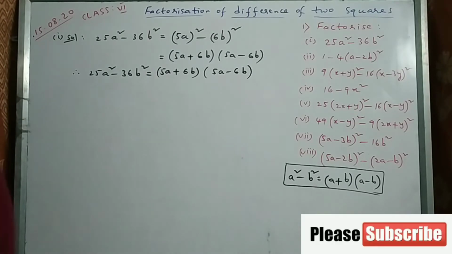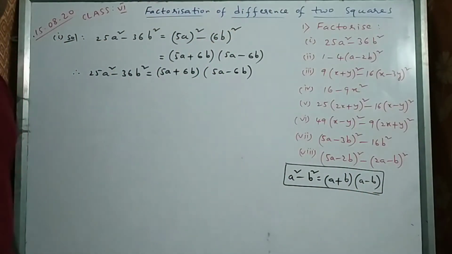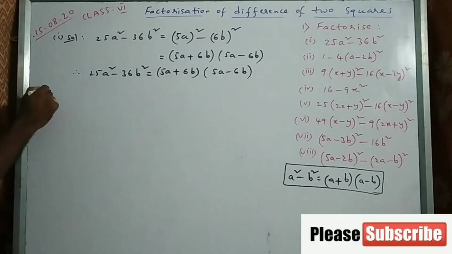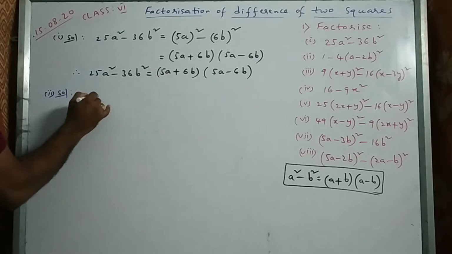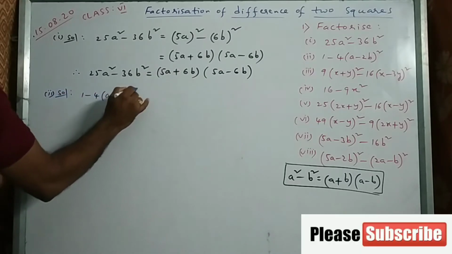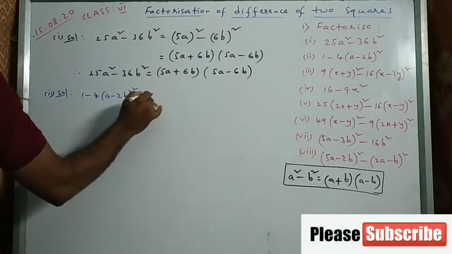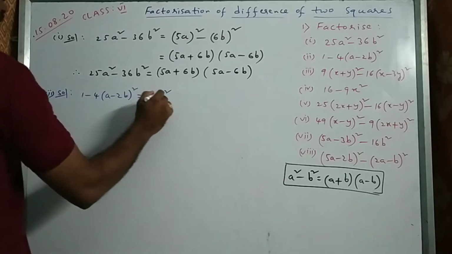Looks like a square minus b square, that is a plus b into a minus b. Second one, 1 minus 4 into a minus 2b whole square. 1 is already a perfect square. Do you agree? 1 square.